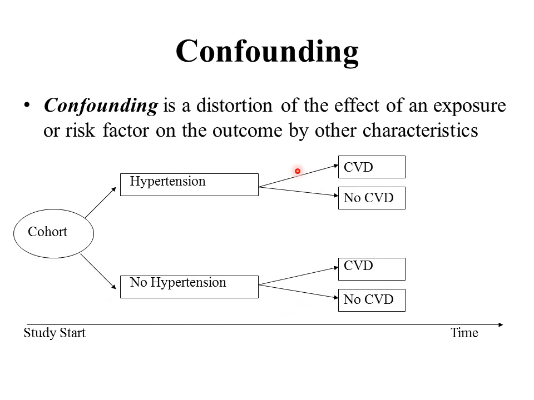But there's a lot of time that can occur here over the length of this study, and there may be more than just hypertension that's affecting things. So maybe there's something else that happens in here that affects our outcome of cardiovascular disease or not. And so that something else is what we'd call a confounder. And so we've got to try to account for that in our statistical analysis. And that's where things can get very complicated.